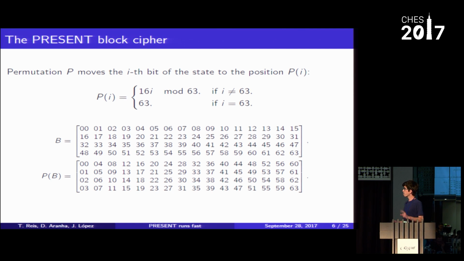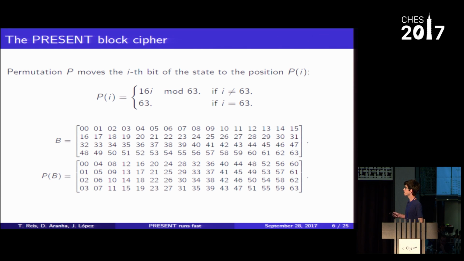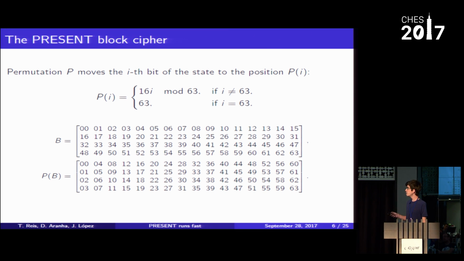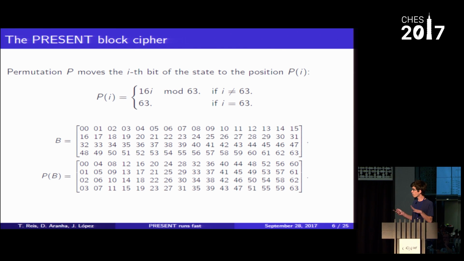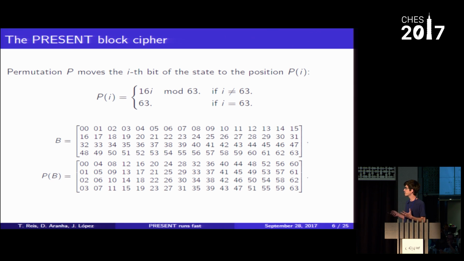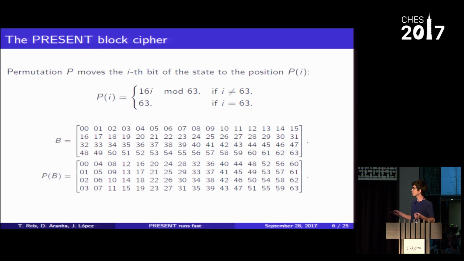Now let's see the first interesting part, the permutation of present. The permutation P of present takes the ith bit to the position P(i) as described by this equation. Here we show the 64 bits of the state and how they are moved by the permutation after it's applied. And the state is not organized this way by chance. We actually implement it like this, as 4 registers with 16 bits.